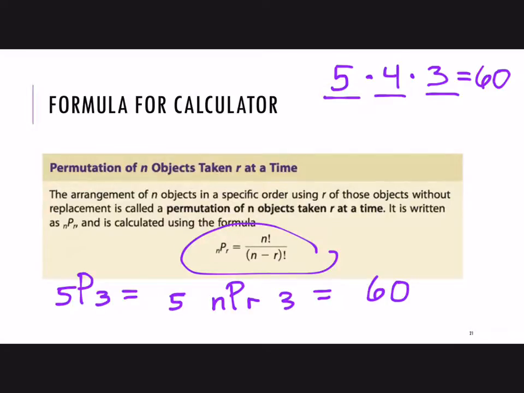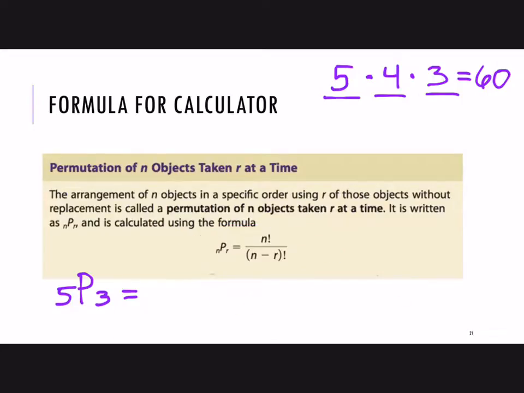If you're doing this by hand, this is how you use the formula. The part on the left here is just sort of like a label, and then the part on the right, you would fill in the numbers. So this would be 5 factorial, 5 is n, and then the denominator would be (5 minus 3) factorial.